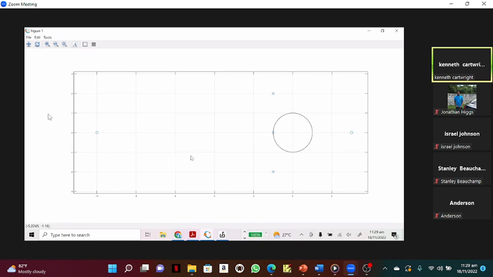There's a pole at negative 1 plus j2 and negative 1 minus j2. And then there's another pole at negative 1. So this is called a pole zero diagram. And Octave will do it for you automatically if you put those things in right.